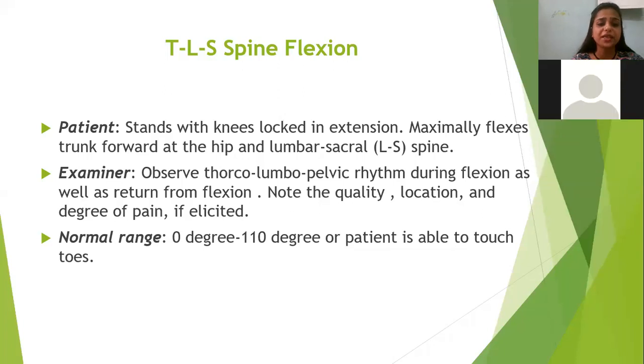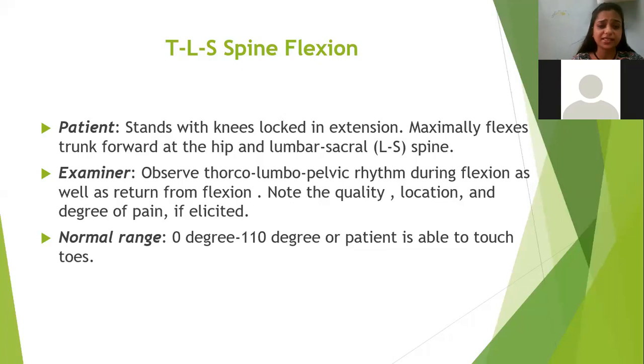You have to make the patient stand, look at the back, and look for symmetry. Any pelvic tilt or any curvature, a scoliosis or exaggerated lordosis or kyphosis. Then ask the patient to bend and see how he is able to bend. Is he flexing his knee?